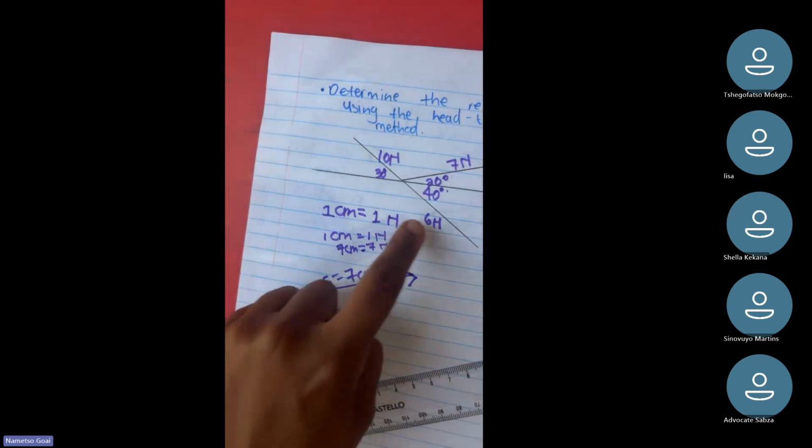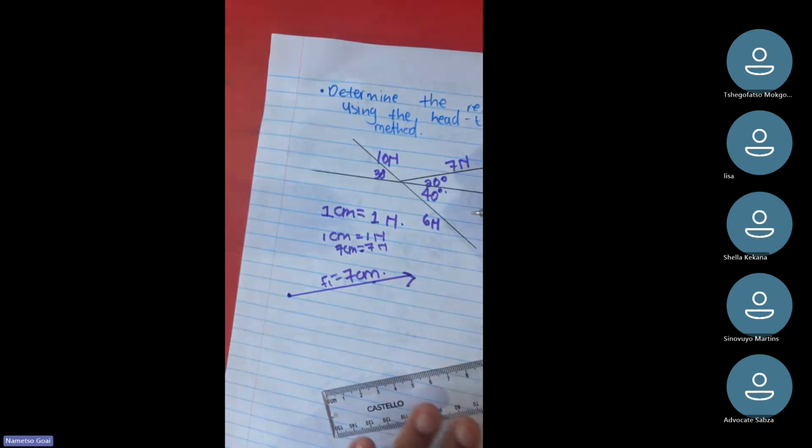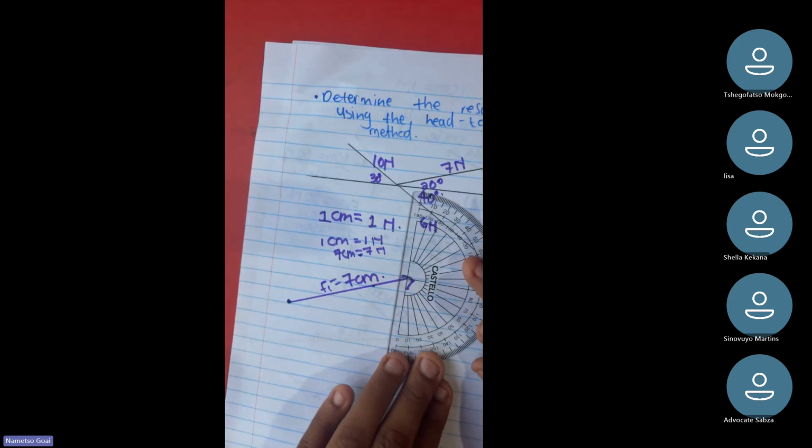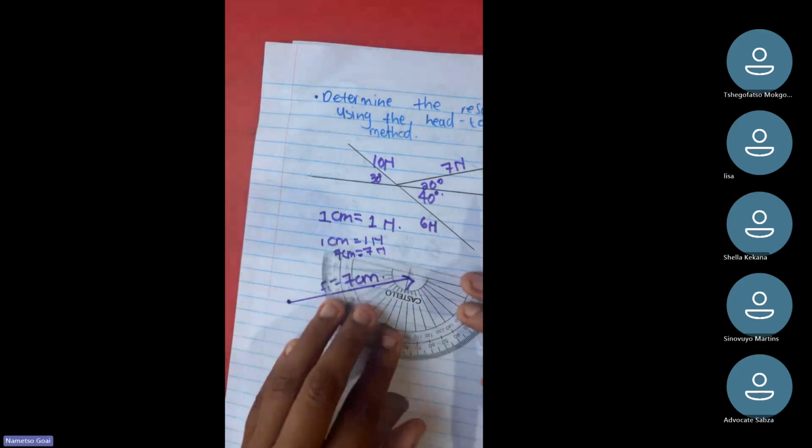Well, which one should we start with? Let's start with the 6 Newton one. Yes. You're going to take a protractor, right? Place it like this again. No, like this.